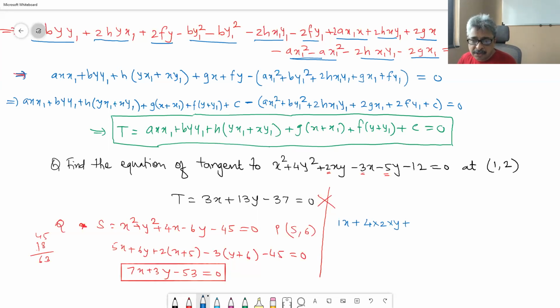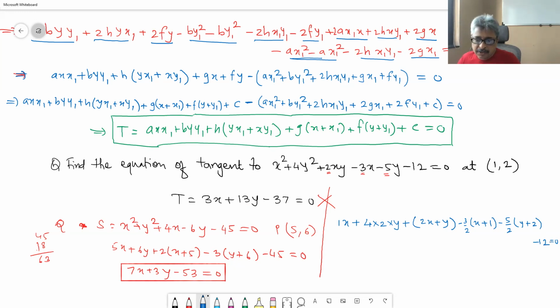So x into, in that 2 is there, which we should not worry. Therefore inside 2x plus y minus, now if I do 3 by 2 will be the coefficient outside, x plus 1 minus 5 by 2 into y plus 2 minus 12, is equal to 0.